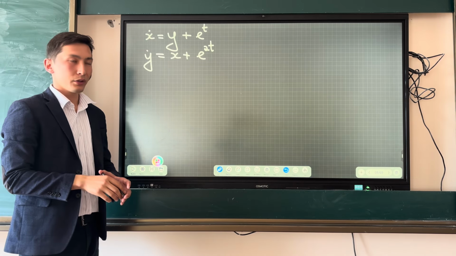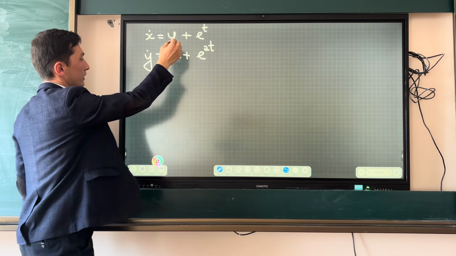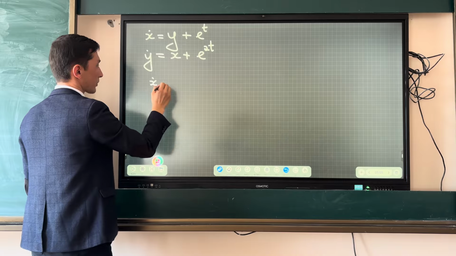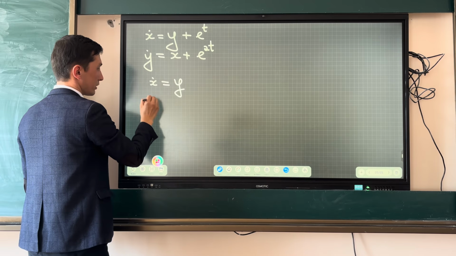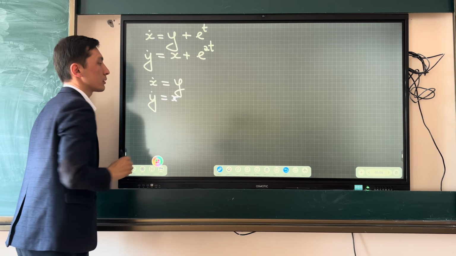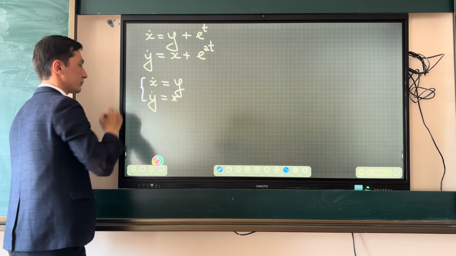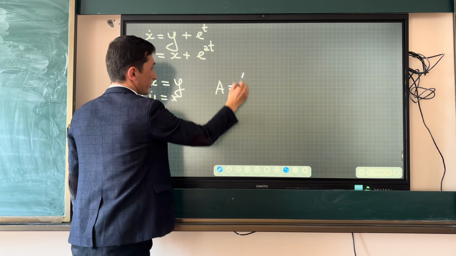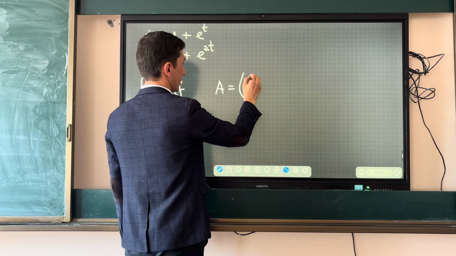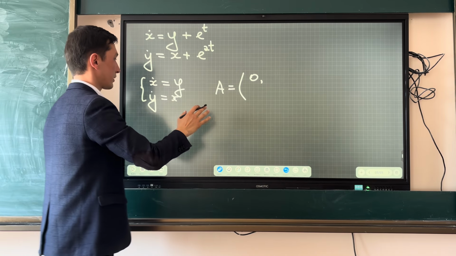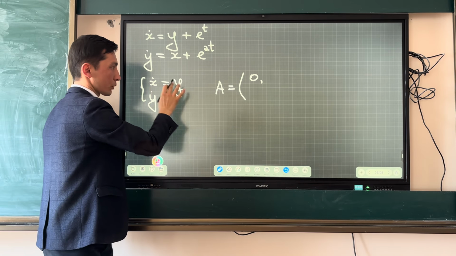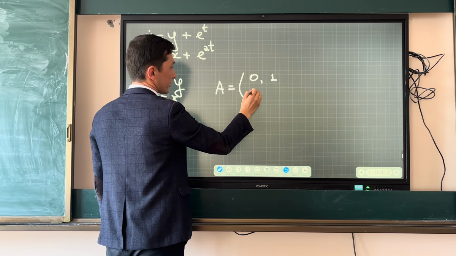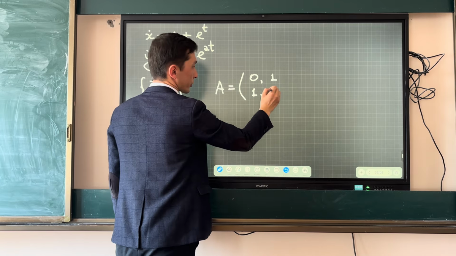First, we have to find the solutions of the homogeneous part, which is x prime equals y, y prime equals x. I'll write the matrix A: 0, because there is no x in the first equation, and 1, and 1, and also 0.